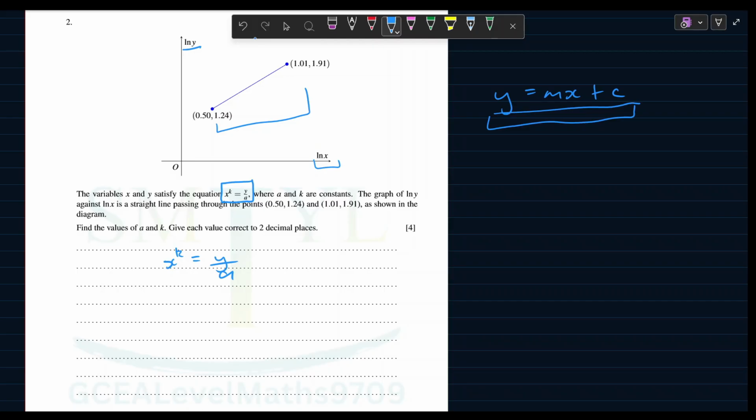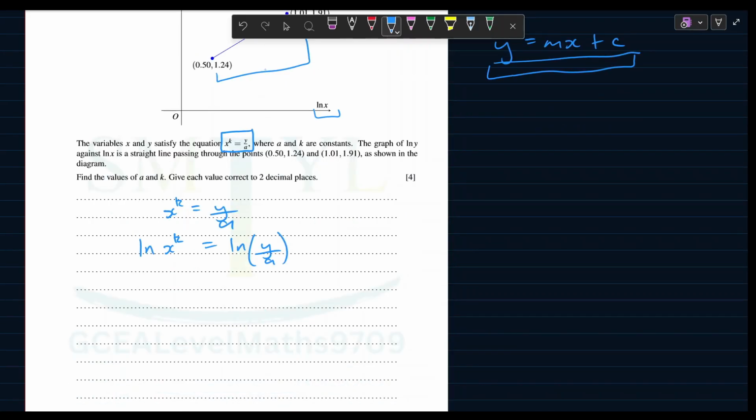Alright, so the way we're going to do that is to apply the natural logarithm on both sides so that it's ln x to the k is equal to ln y over a, and then we're going to use our laws of logarithms to bring down the power so that it's k ln x, and then here again we use our laws of logarithms so that becomes ln y minus ln a.